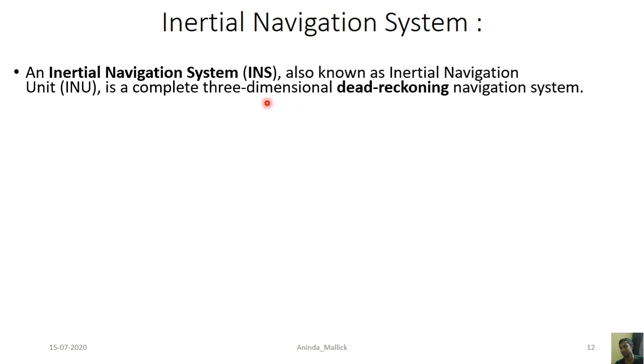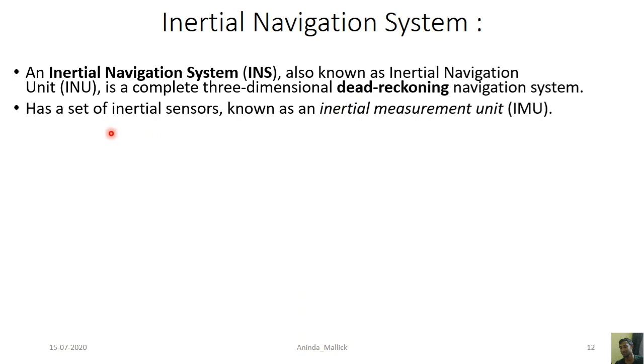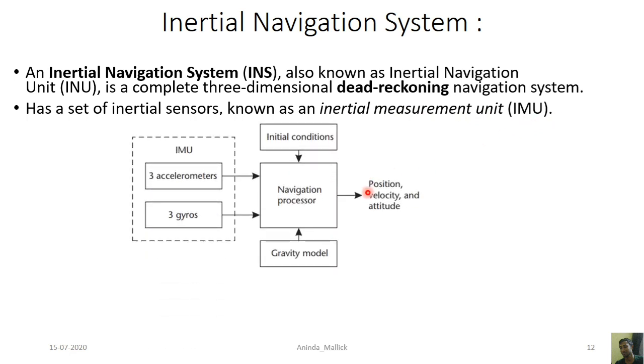The inertial navigation system is nothing but a dead reckoning system. As I discussed before, in case of dead reckoning, sensors are required: a gyroscope and an accelerometer. For this, an inertial measurement unit is there. It will be clear in this image. See here, IMU is there. IMU is the inertial measurement unit, and the sensors are there, the gyroscope sensor and the accelerometer sensor.